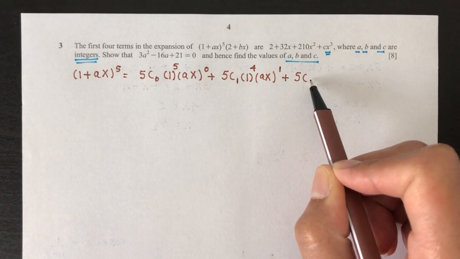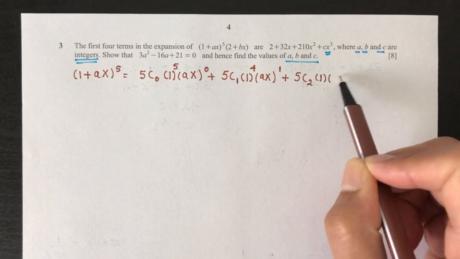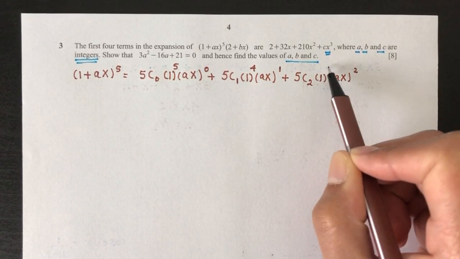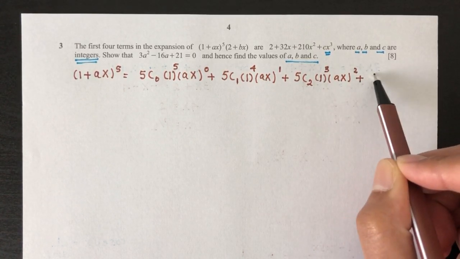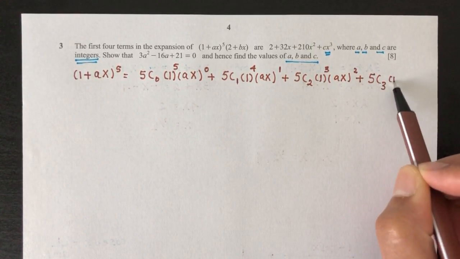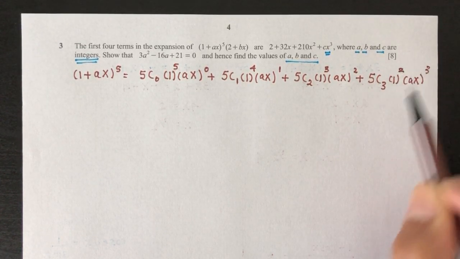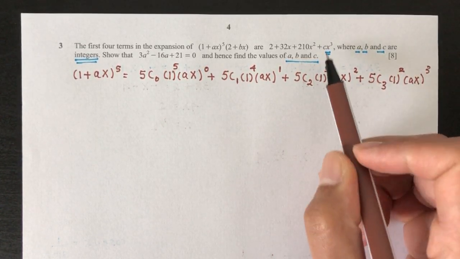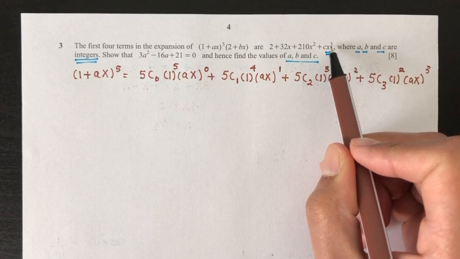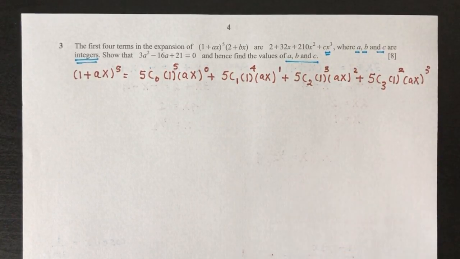Plus 5 choose 2, 1 to the power 3, times ax squared. And finally, 5 choose 3, 1 to the power 2, times ax cubed. The reason why we stop here is because we only need the term in x cubed, so we can stop right here.